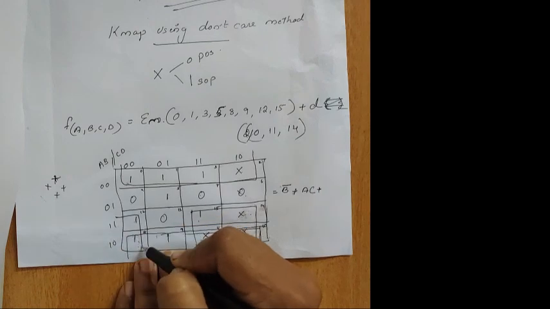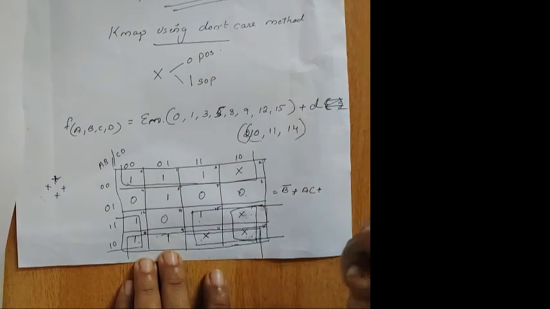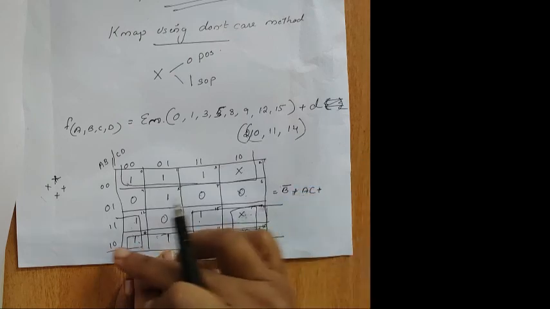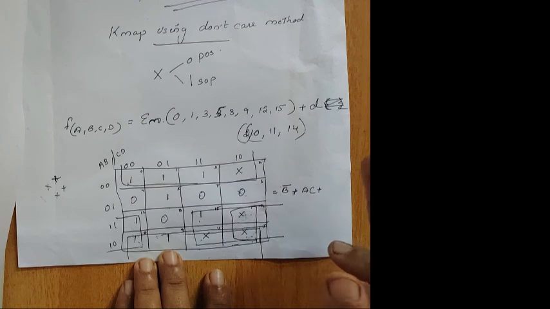So I can group like this. For minimizing your data, only you are taking this x, otherwise you can skip it.